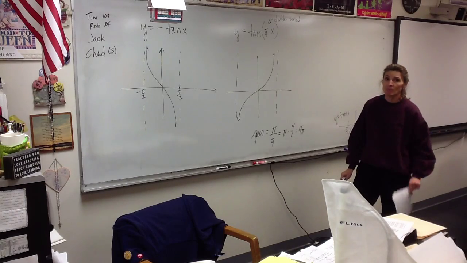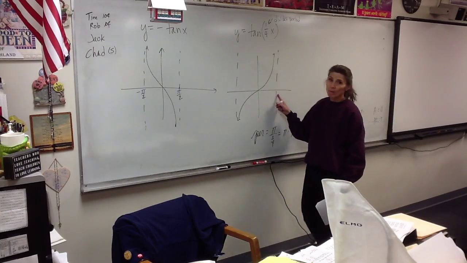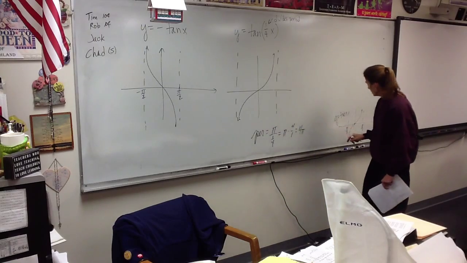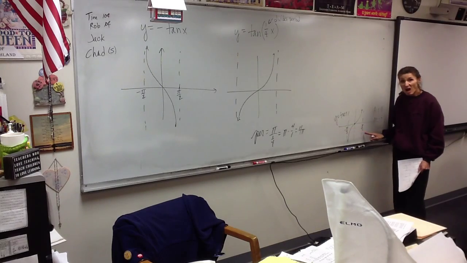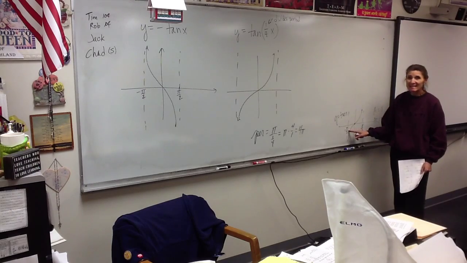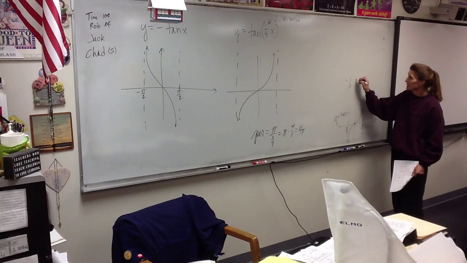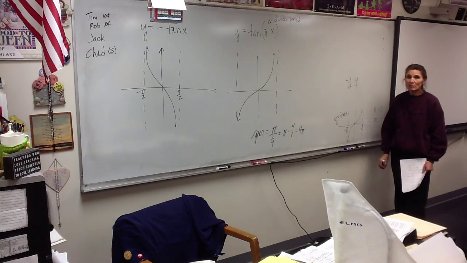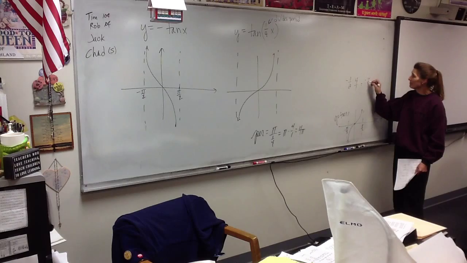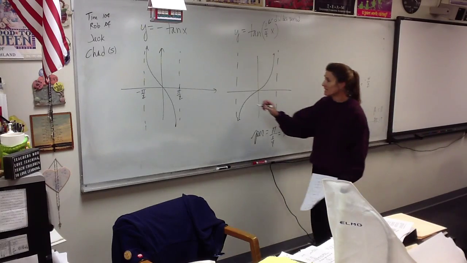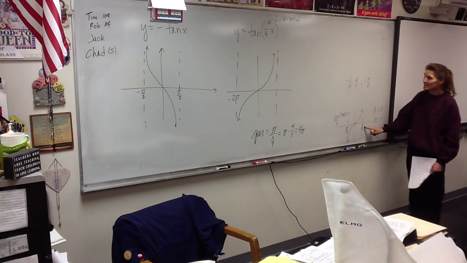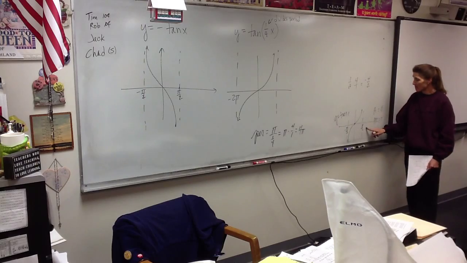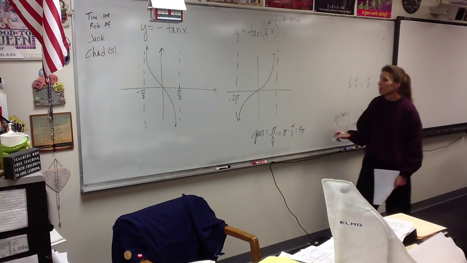Now be very careful. That does not mean this is 4 pi. That means that all of your labels, and the good news is in a tangent you only have 2, have been timesed by 4. So if you take negative 1/2 times 4, what do you get? You get negative 4 over 2, which is negative 2 pi. If you take positive 1/2 and times it by 4, you get positive 2 pi.